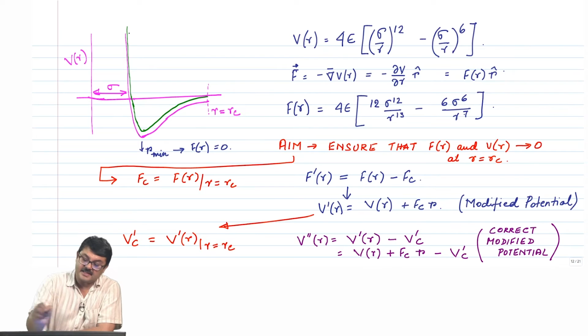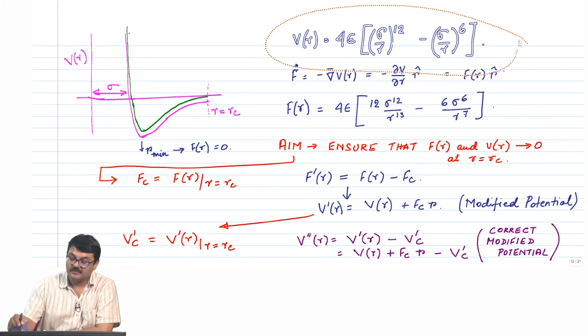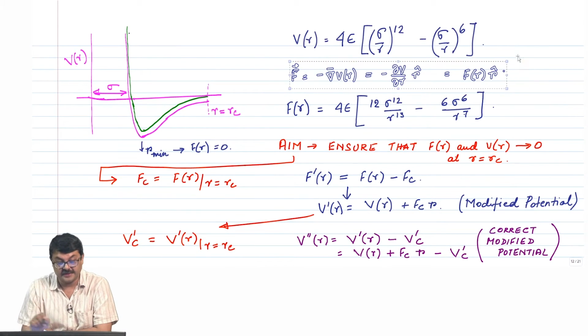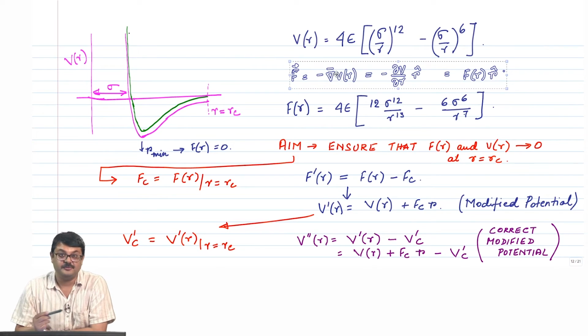So, this is the expression of the Lennard-Jones potential, 4 epsilon times sigma by r to the power 12 minus sigma by r to the power 6, and then the expression for the force. Force is a vector quantity, and hence there is a vector sign on top of the force, and it is nothing but minus grad V of r.